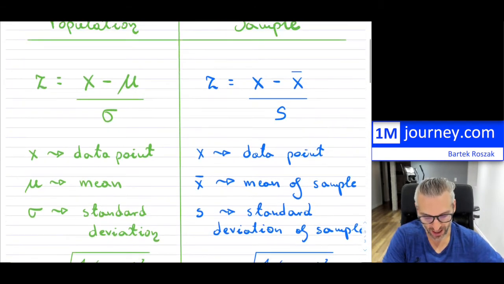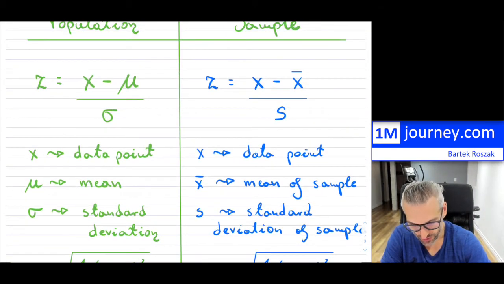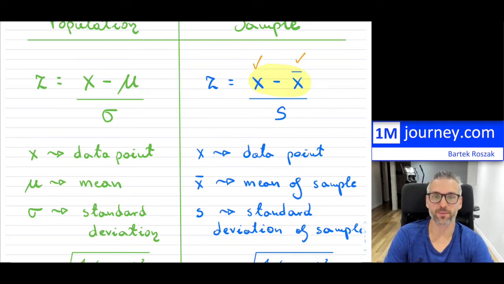Well, notice what you're doing is just subtracting: your data point minus the mean. If your data point is below the mean, you're going to get a negative value out. If your data point is above the mean, you're going to get a positive value out.